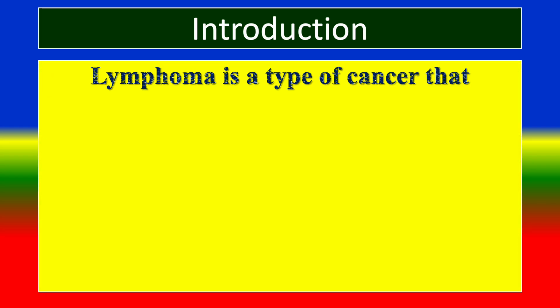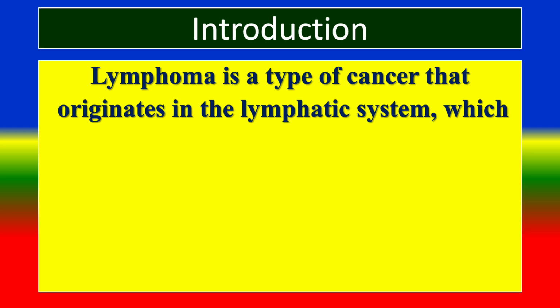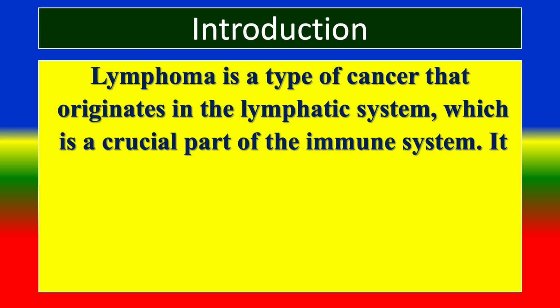Introduction. Lymphoma is a type of cancer that originates in the lymphatic system, which is a crucial part of the immune system.